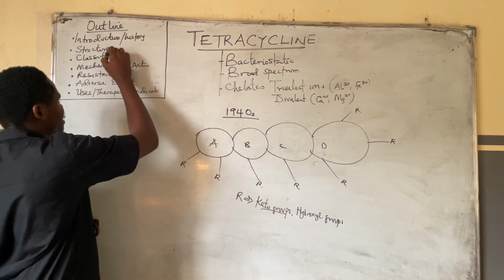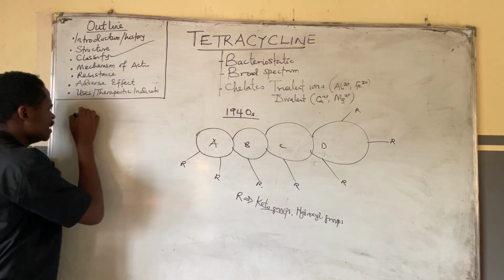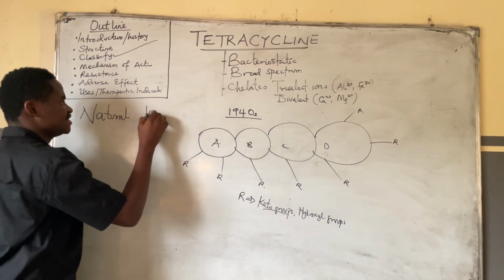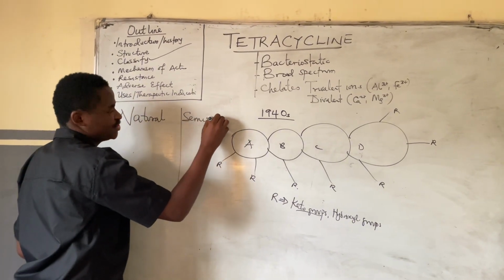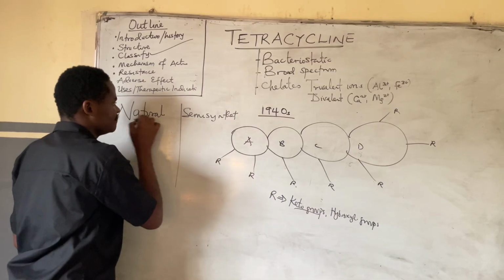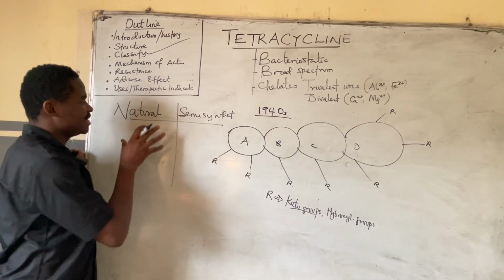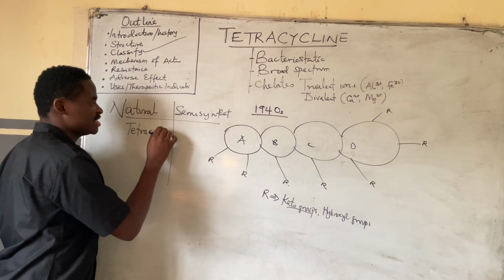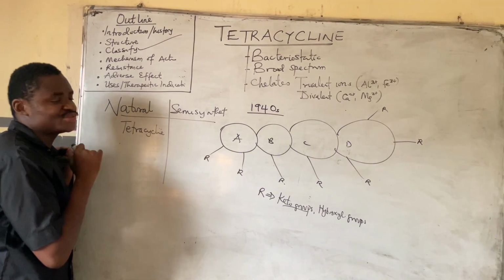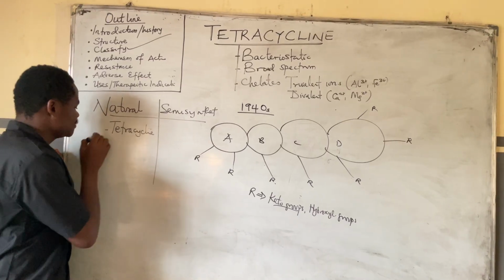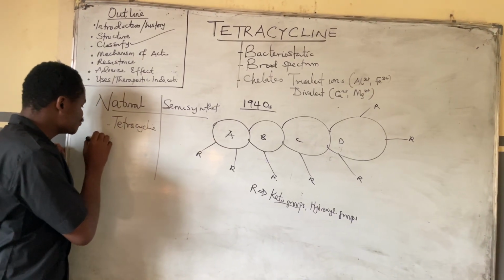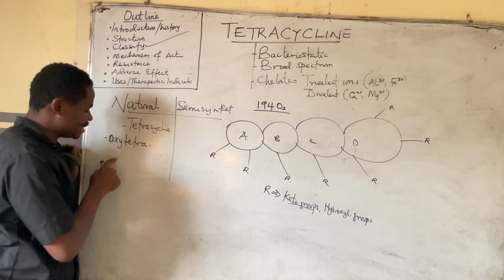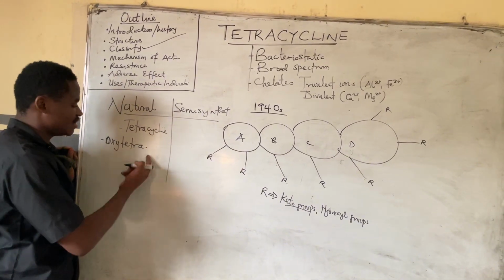Now, how about classification? I will classify them as natural and semi-synthetic. In the natural drugs, a good example is tetracycline itself. Another is oxytetracycline: add an OH group, an oxygen group, and it becomes oxytetracycline.